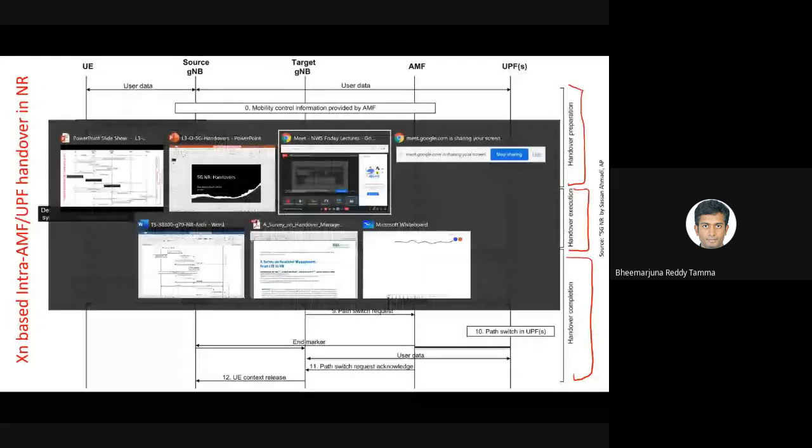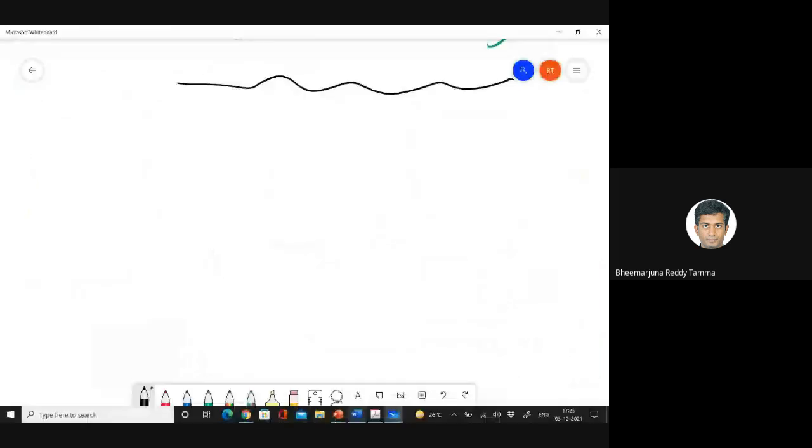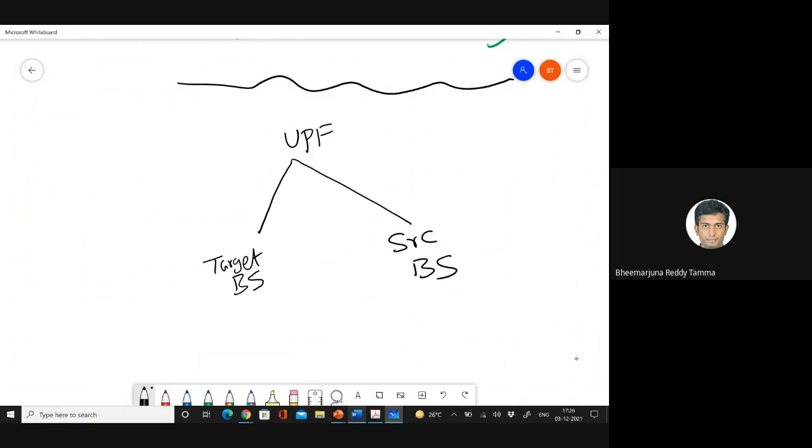Okay, just one second. Take this particular case. I have the UPF, and from the UPF I have the target gNodeB, the source base station, and a user equipment here.